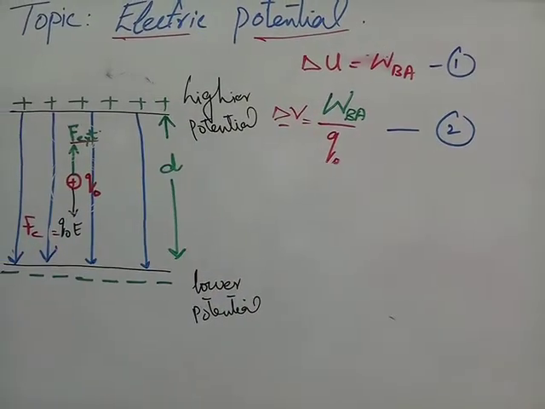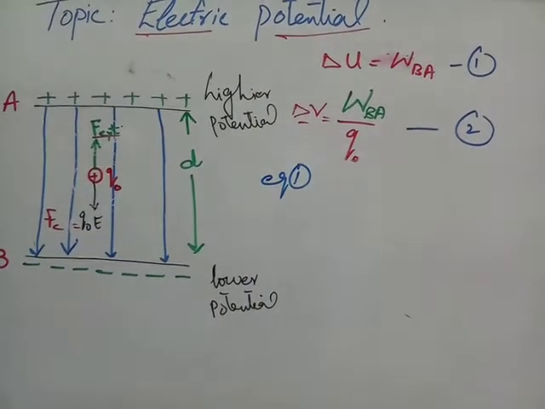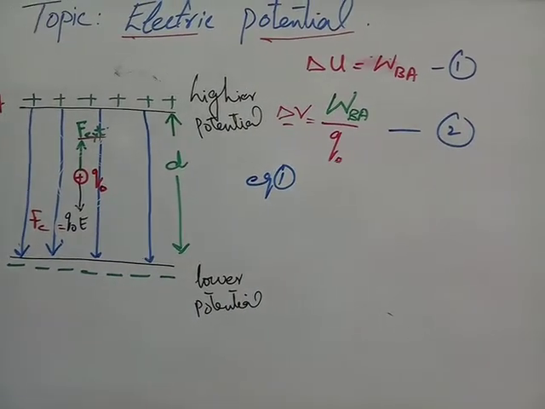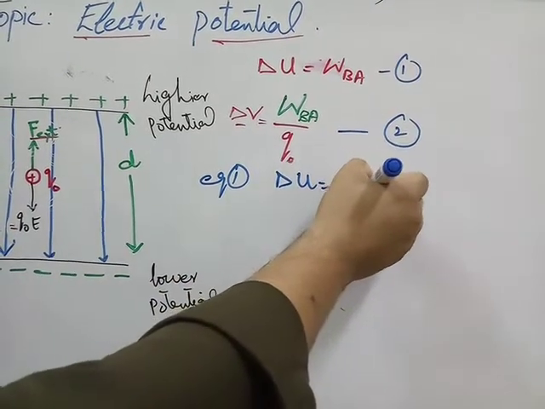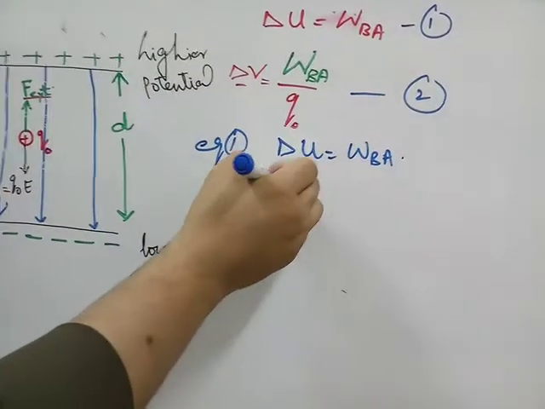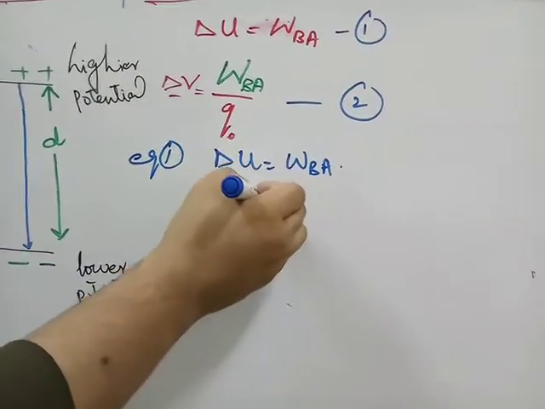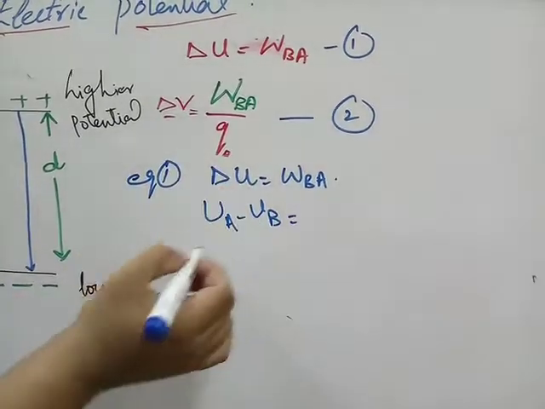We can rewrite this equation 2, but first we solve equation 1. So equation 1 is delta U is equal to work done from B to A. I can write this in the form of UA and UB. It means this is the difference.